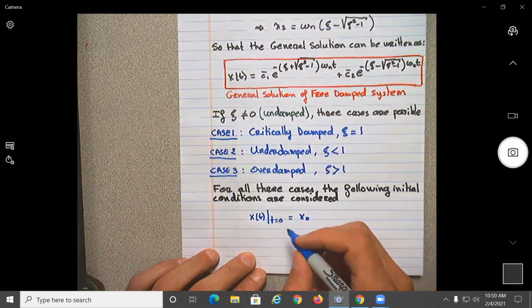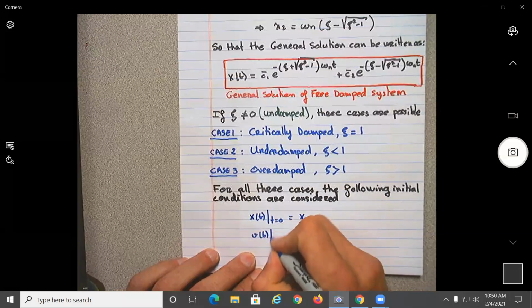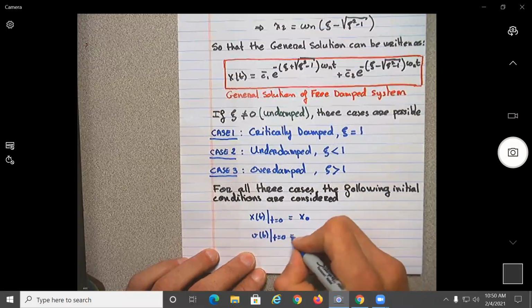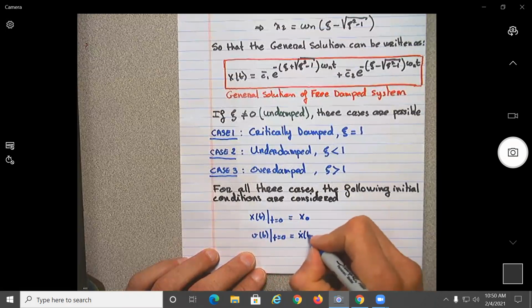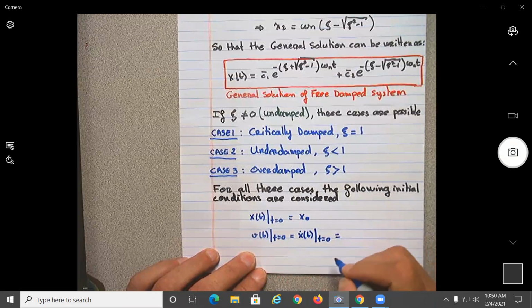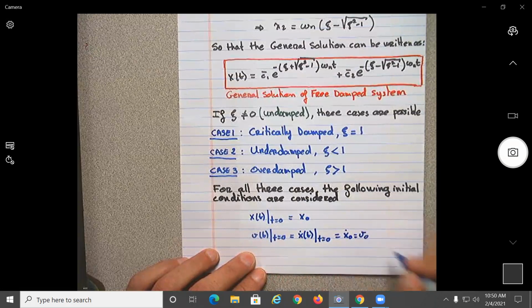And also I can say that the velocity at t equals 0, which corresponds to x dot of t at t equals 0, will be equal to a known value, x dot sub naught, which sometimes would just be given as v sub naught.